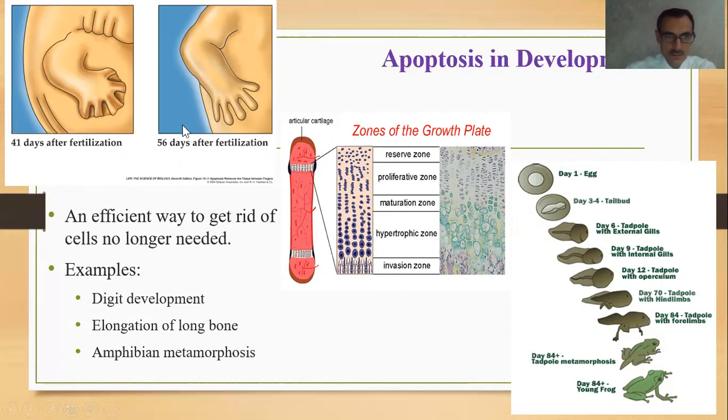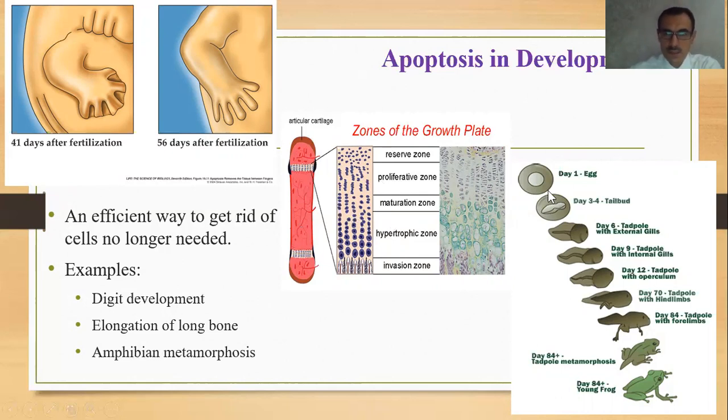But here you see the dissolution of this membrane, or the septa, after 56 days. This results from apoptosis. Or another one, the elongation of the long bone during the ossification, where the chondrocytes undergo apoptotic death.